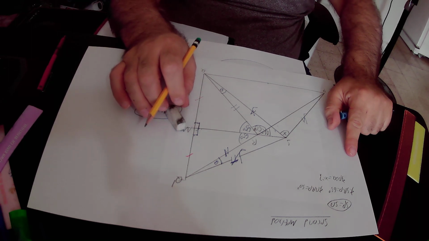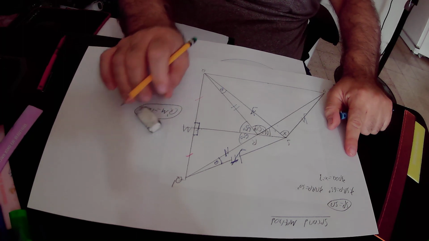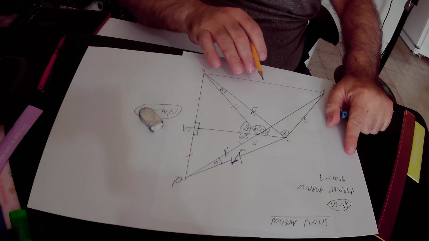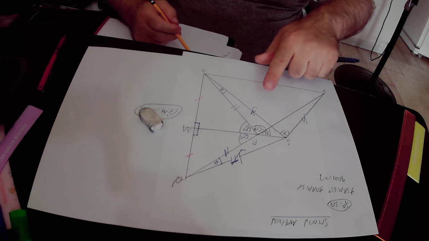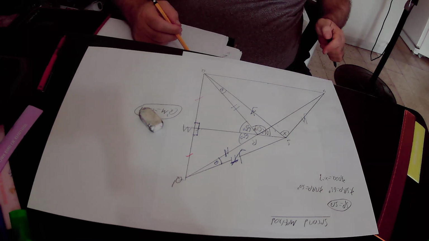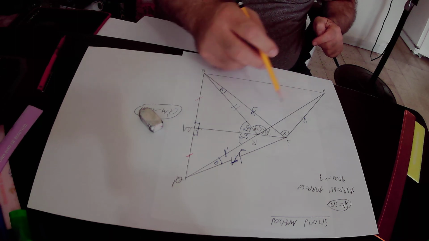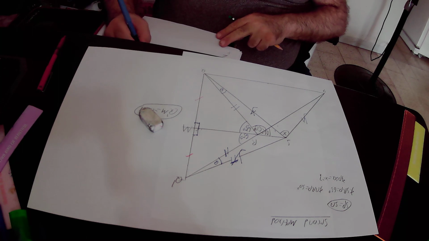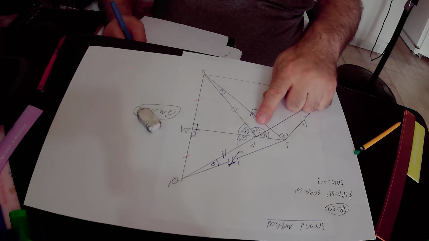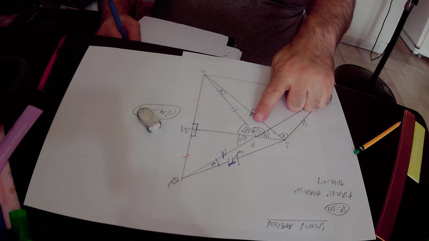Okay, so here, what is the size of angle PRQ dash? The size of angle PRQ dash is 50 degrees plus 65 degrees plus 65 degrees.